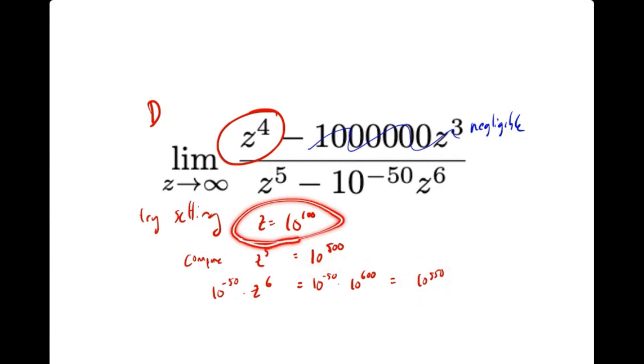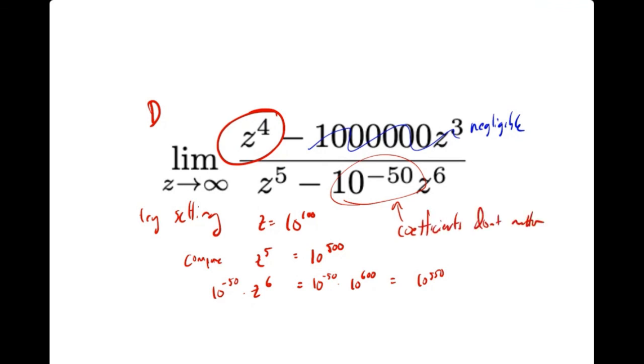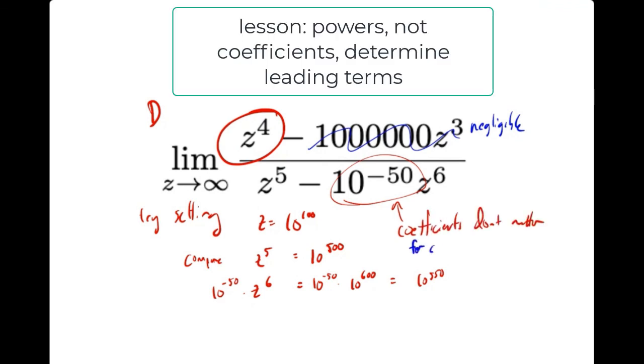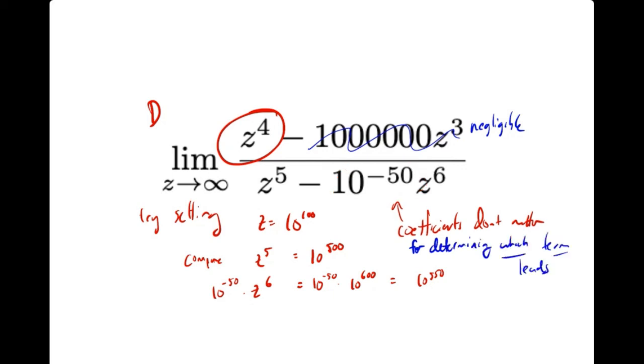Oh, okay. So there was some threshold beyond which z to the sixth became even larger than z to the fifth, even though it has this phenomenally low coefficient. So the lesson is that coefficients don't matter for determining which term leads. In this case, the leading behavior of the denominator is that term right there.